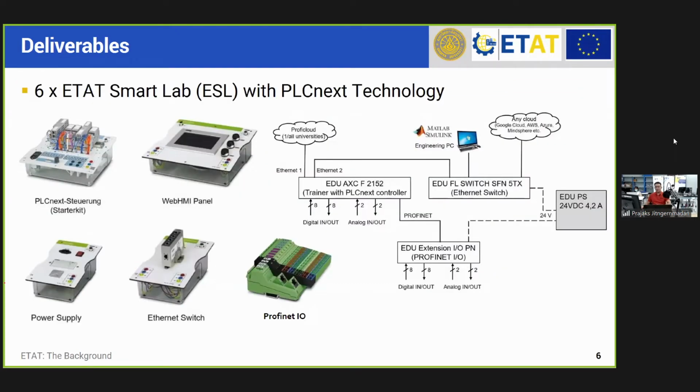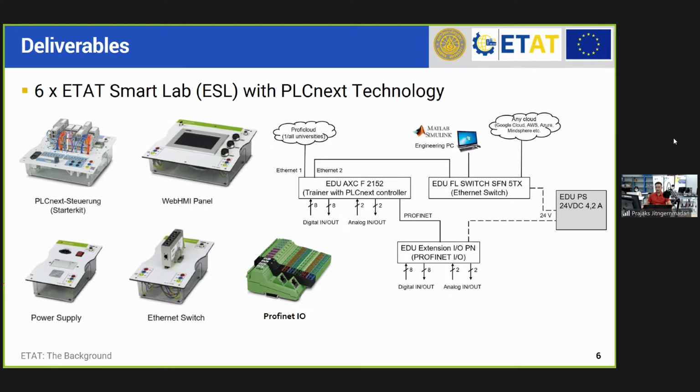So, as I already mentioned, we will have 6 ETAT Smart Labs or training centers. These training centers will be equipped with PLCnext technology. And as you can see, this is some of our equipment that we have.